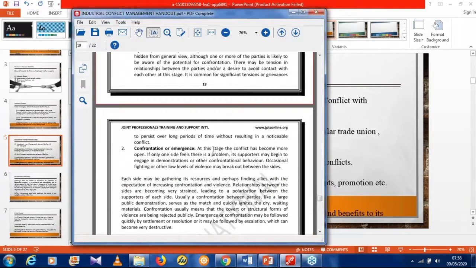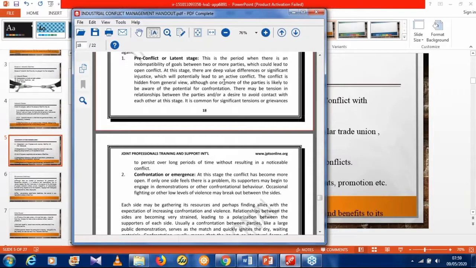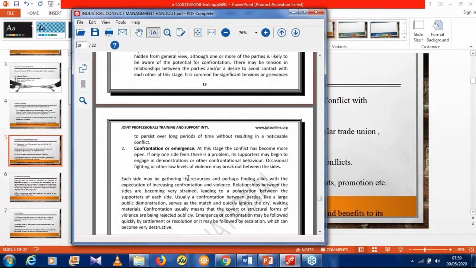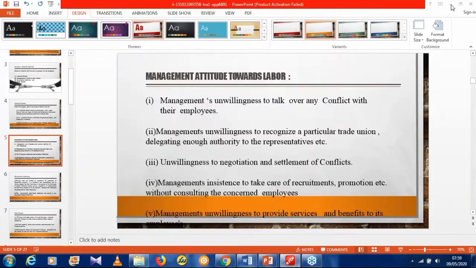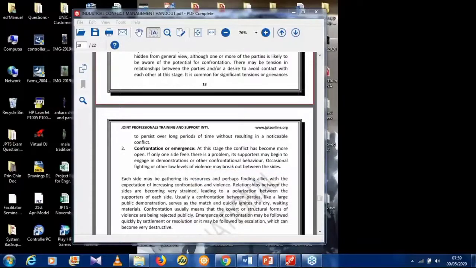Now, we have the confrontation or emergence. At this stage, conflict has become open after it has been latent and nothing was done at that point. When nothing is done at stage one, it goes to the next stage.